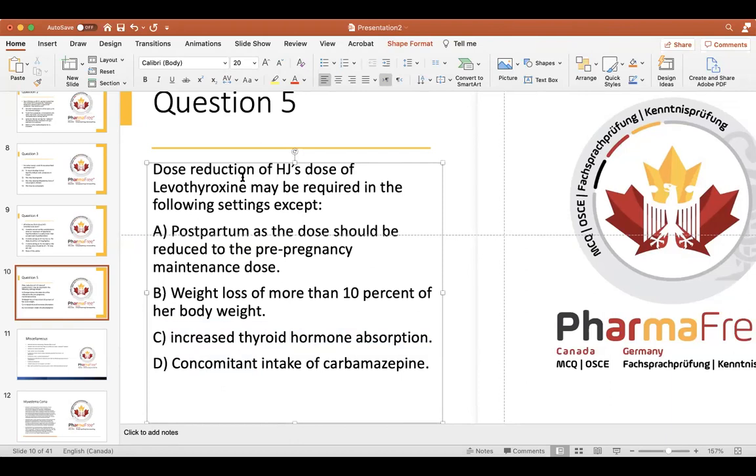We can make a dose reduction in all these settings except one.